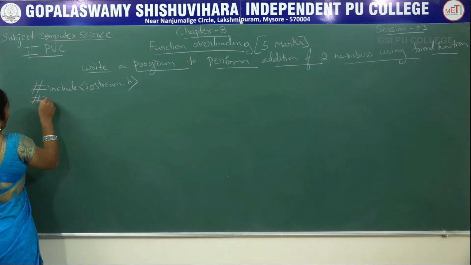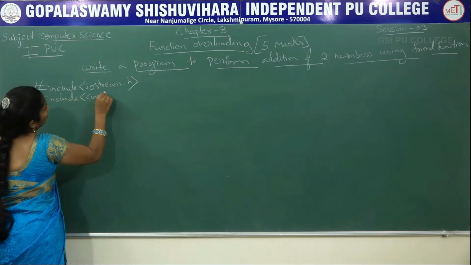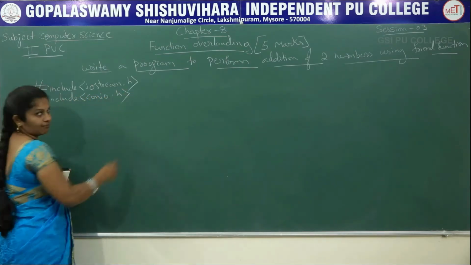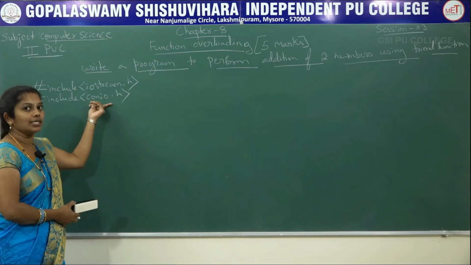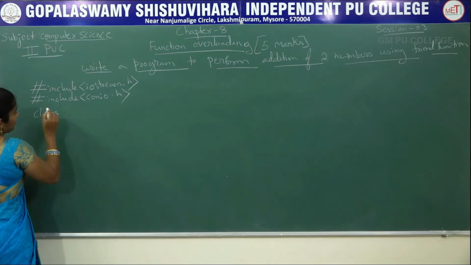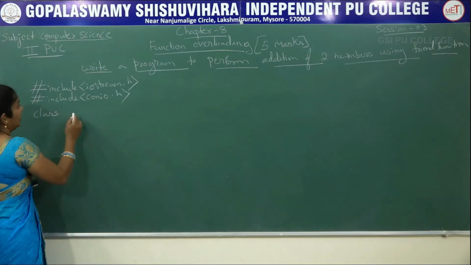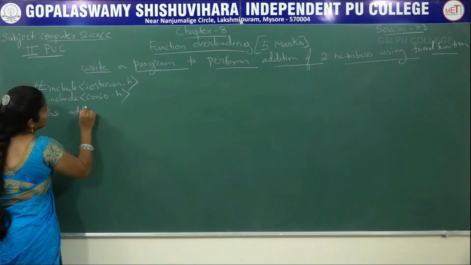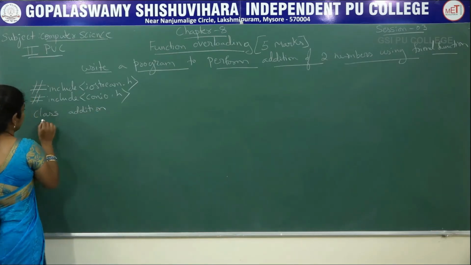Next, include conio.h header file. This is the supporting header file for clear screen as well as getch. Next, class. I want to perform addition of two numbers. Then I am going to take the class name as addition.